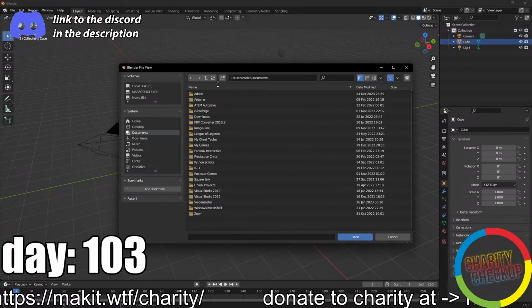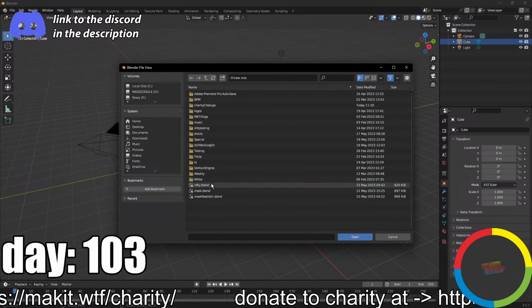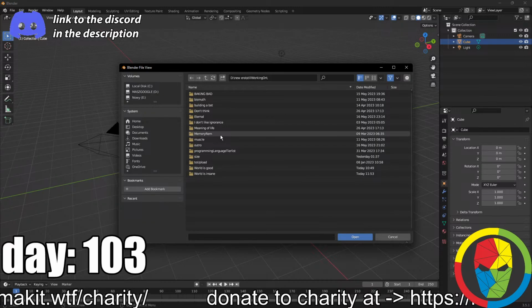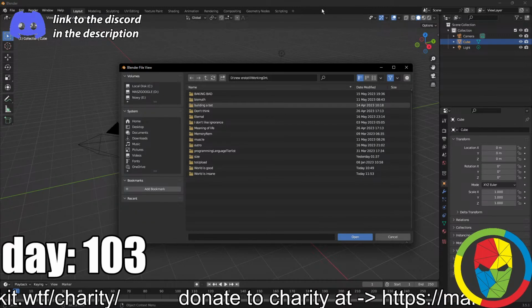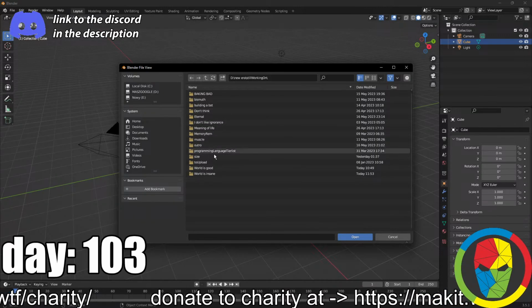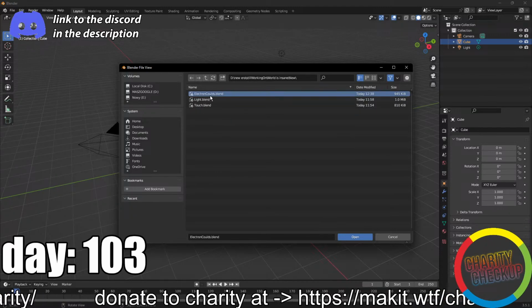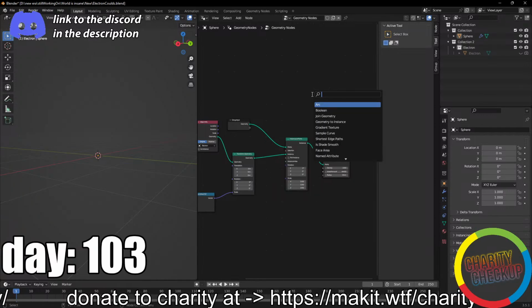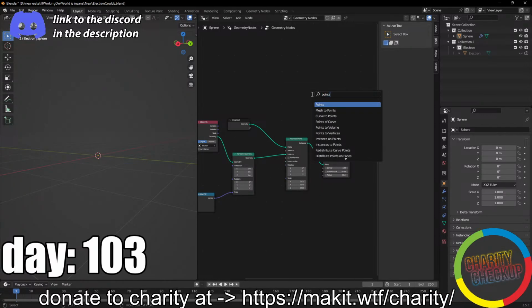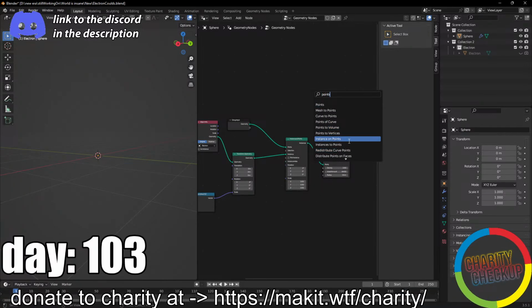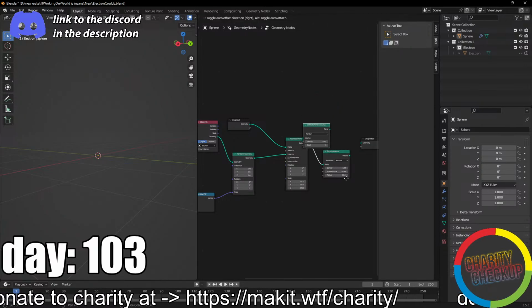It might be a minor change for most of you, but for me, it's wow. I'll have to get used to this. Okay, what's new? New electron clouds. Yep, and points on volume. In volume, yes.